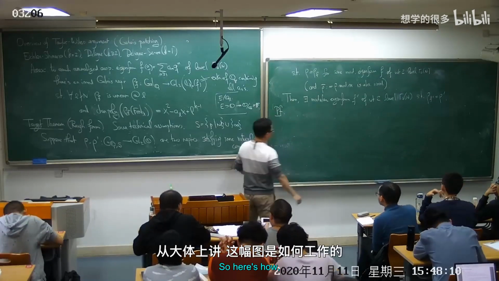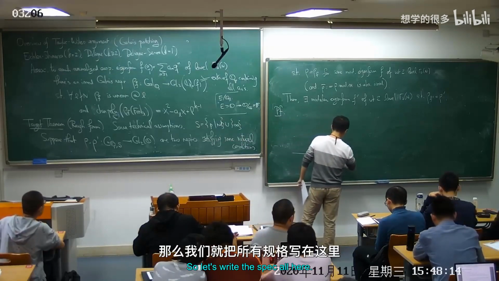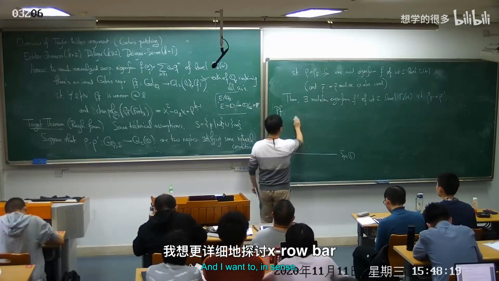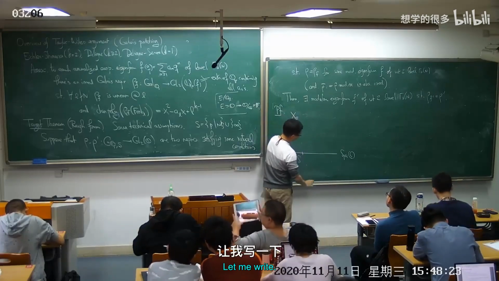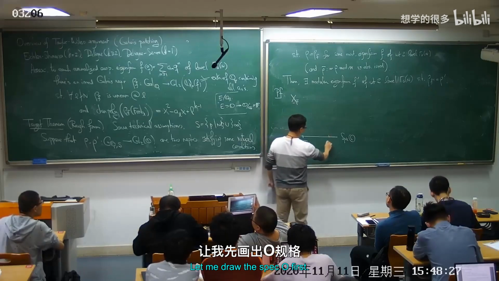So here's, roughly speaking, how the picture works. Let's write Spec O here. This is the coefficients. And I want to look at X rho bar. Let me draw the Spec O first.